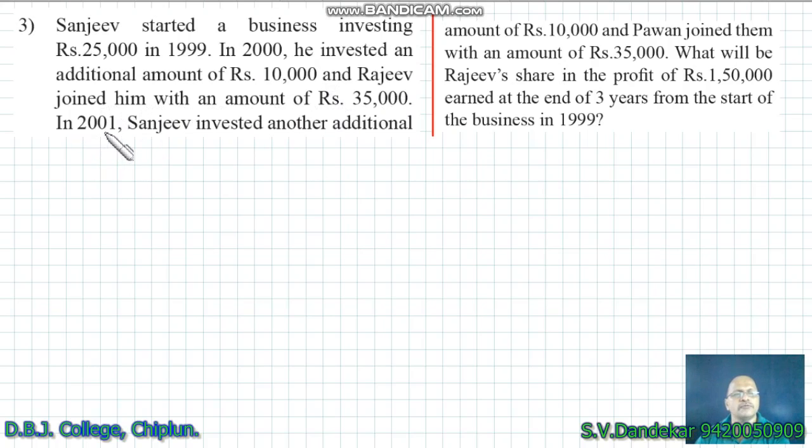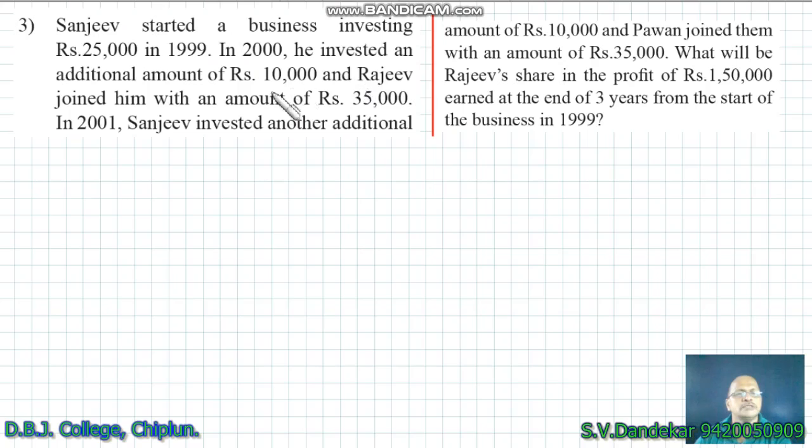In 2001, Sanjeev invested another additional amount of rupees 10,000 and Pawan joined them with amount of 35,000. What will be Rajiv's share in the profit of rupees 1,50,000 earned at the end of 3 years from start of the business?